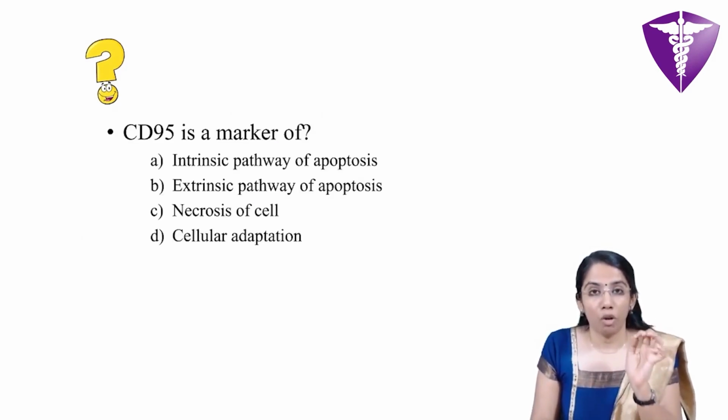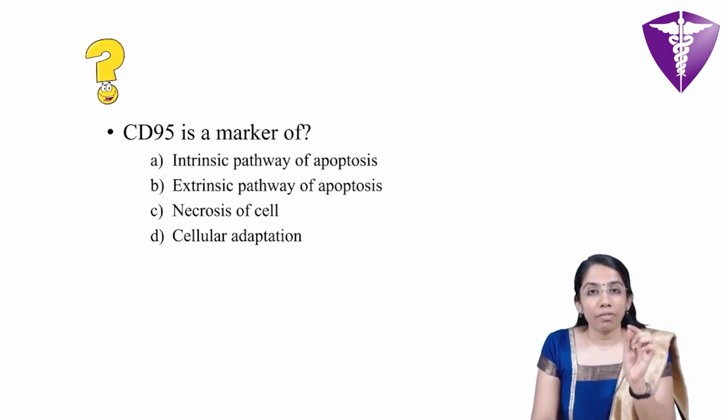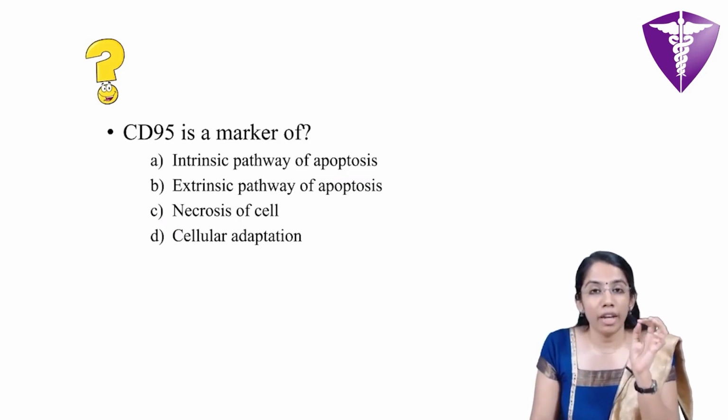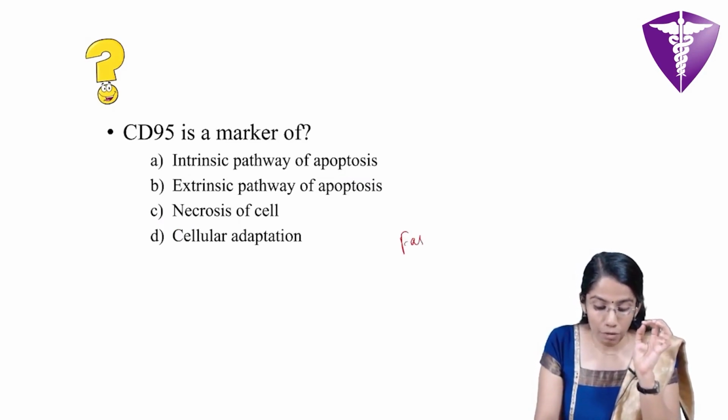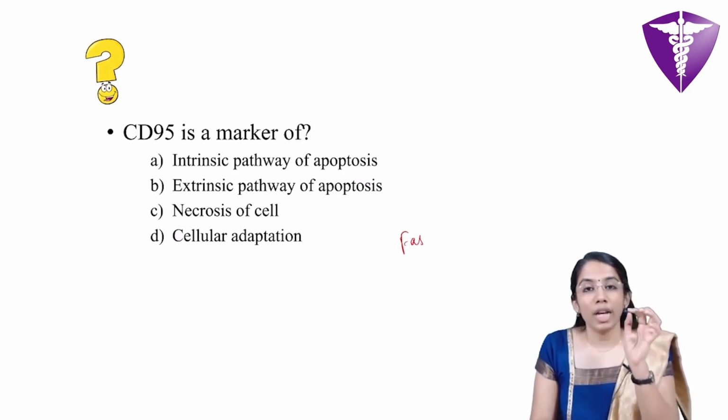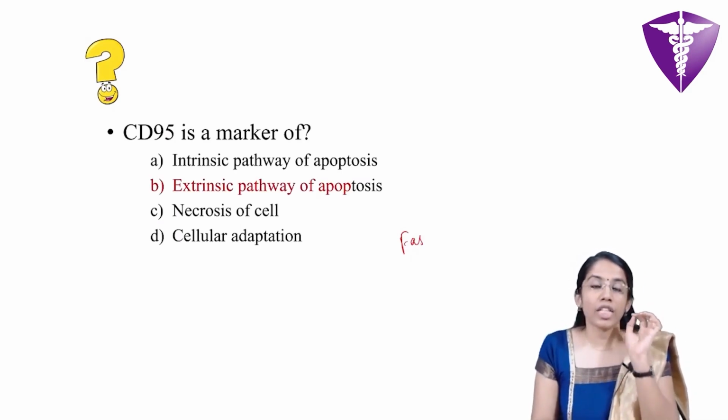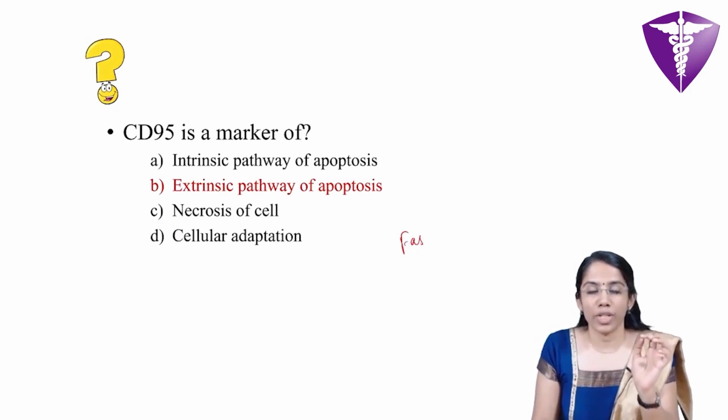CD95 is a marker of what? So CD95 is actually another name for FAS protein. So this occurs classically in the extrinsic pathway of apoptosis, that is the death receptor pathway.